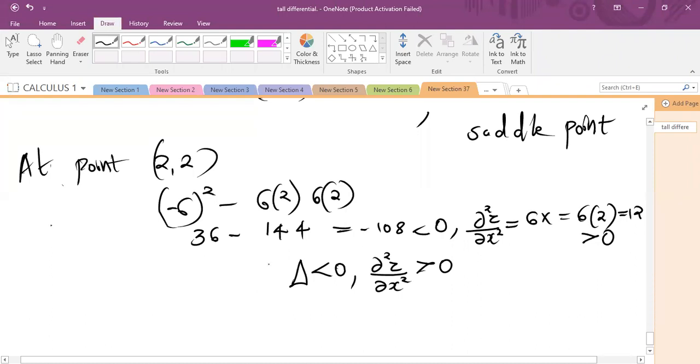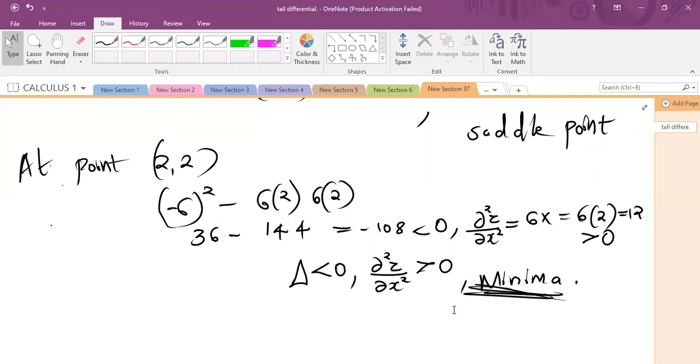This is obviously going to be a minima, or minimum point. So basically, guys, that's how we go about determining the stationary points when you're given a function defined with respect to two variables. You get the stationary points and determine their nature like that.